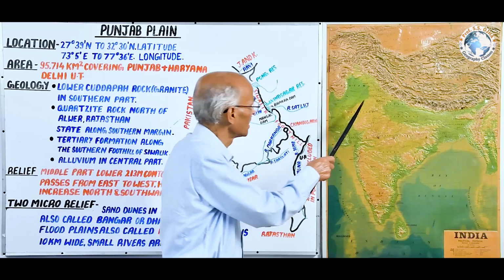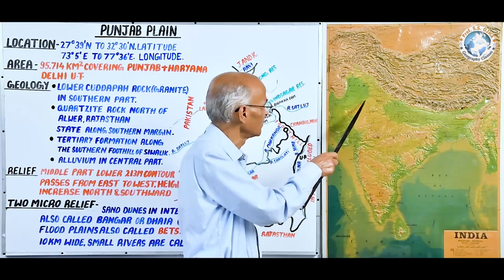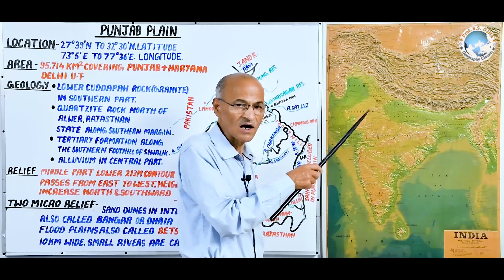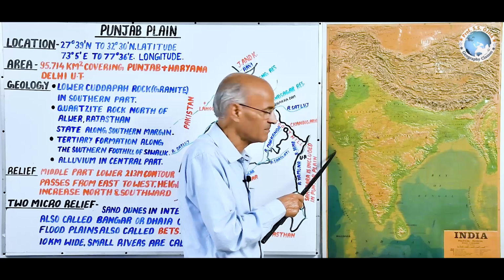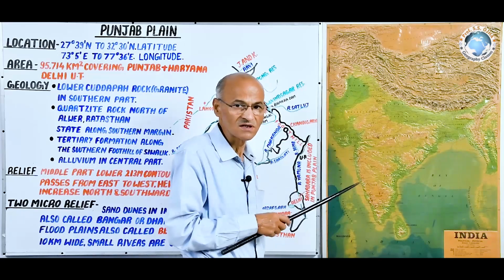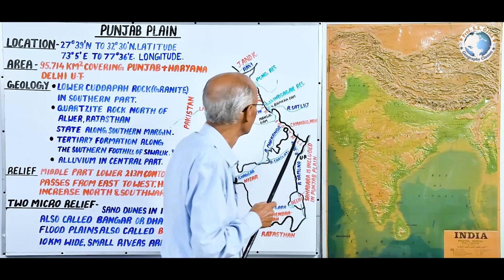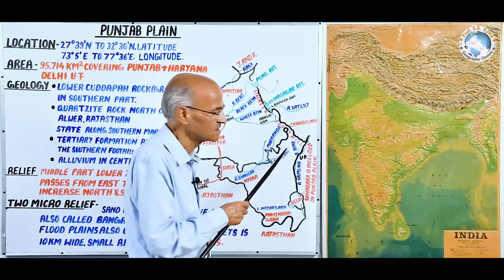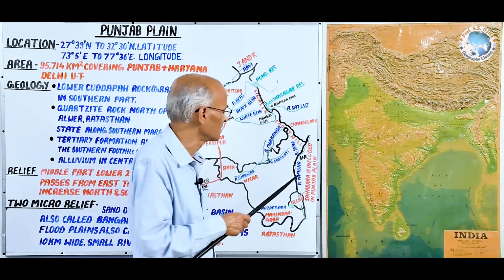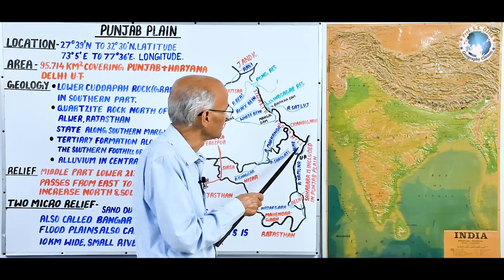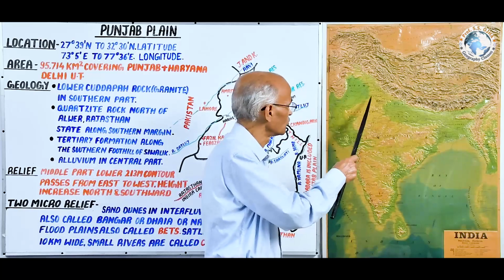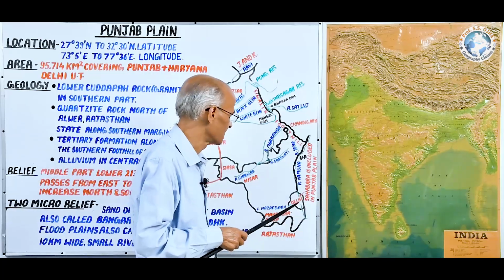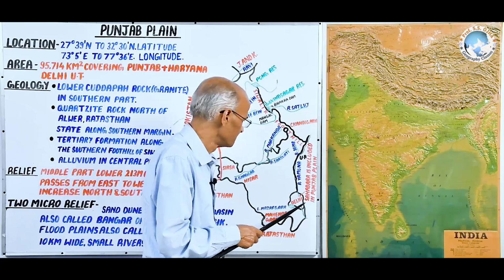Hence, the water of rivers or a single raindrop of Punjab plain will reach the Arabian Sea. But the answer is not perfect, because the river Somb is the right hand tributary of Yamuna, and this water of Somb reaches the Bay of Bengal through the Yamuna and Ganga system.